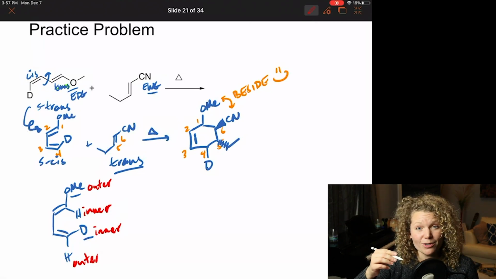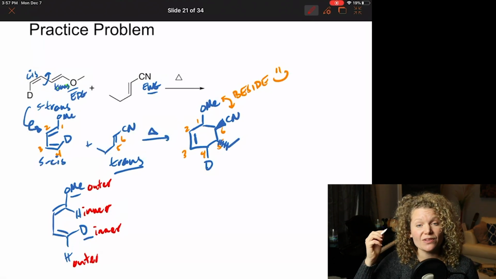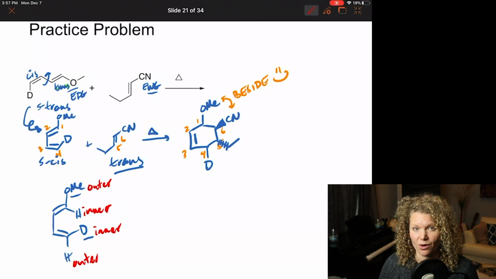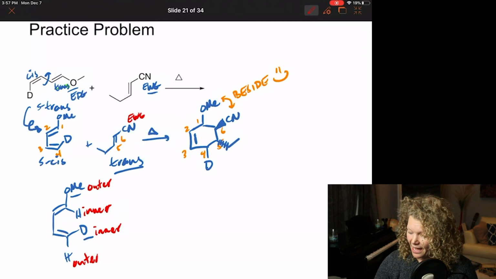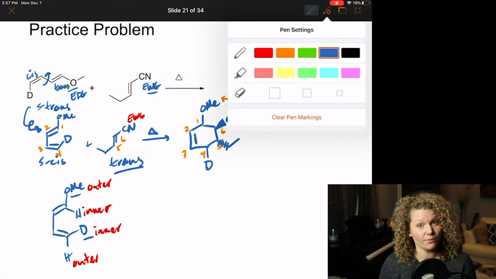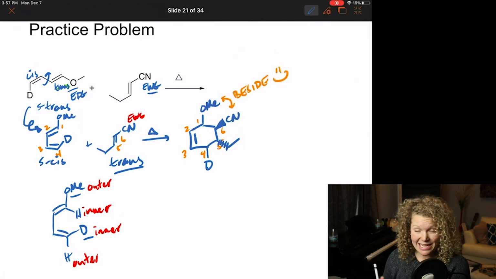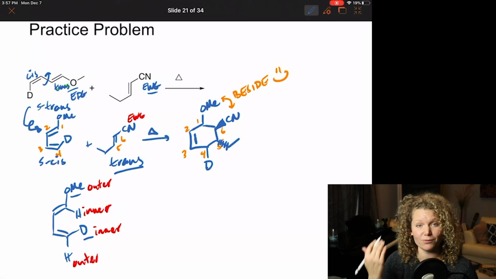Remember that the outer positions should be on the same side as the electron withdrawing group. Our electron withdrawing group is the nitrile, and we arbitrarily put that it was coming forward. That means that both of the outer positions should be coming forward.